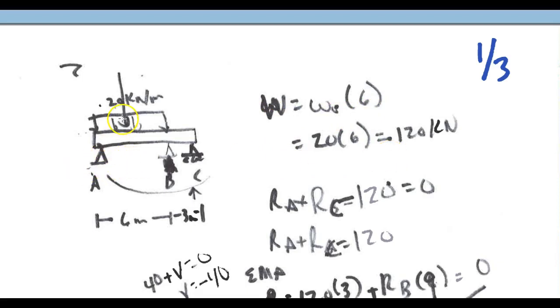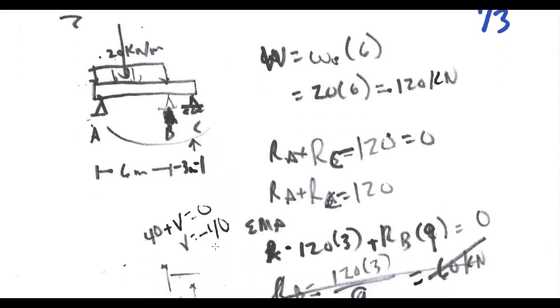Now the next thing we need to do with that is to determine how much of it is borne at A and how much is borne at C. Since this load is not distributed in an equal fashion, in other words, it's not halfway between A and C, and the load does not extend across the entire beam, we have to determine the reaction at A and the reaction at C using a summation of moments concept.